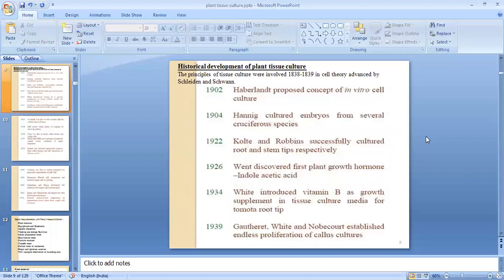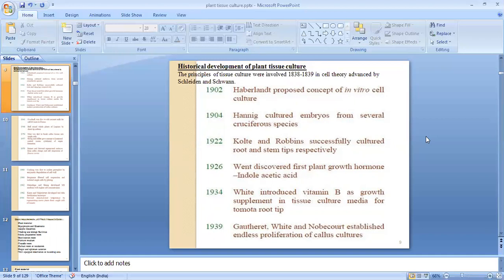And when you look at the historical development of plant tissue culture, the principles were developed during the years 1838 to 1839. In that period, the theory was advanced by Schleiden and Schwann. And later, for some years, it was left as such.